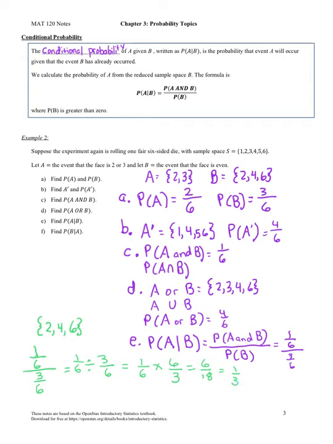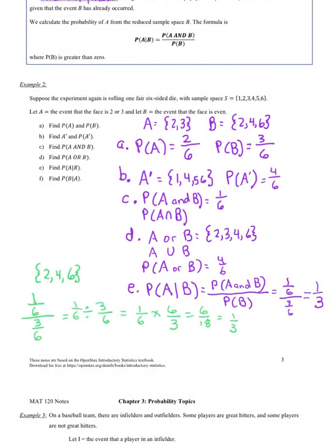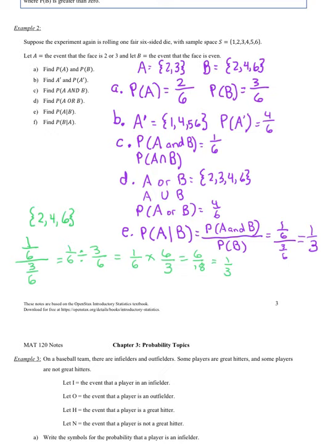So the answer to letter E is 1/3. Let's move this up a little bit to make room for letter F. We'll use our formula once more, plug in the values, and we'll solve.